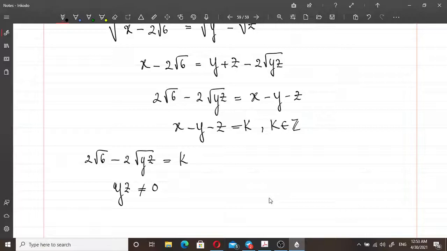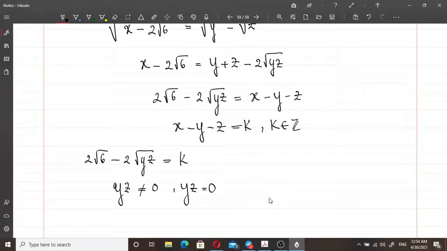So if y z is not 0, the k will be a rational number. And if y z is equal to 0, it will be a natural number as well.